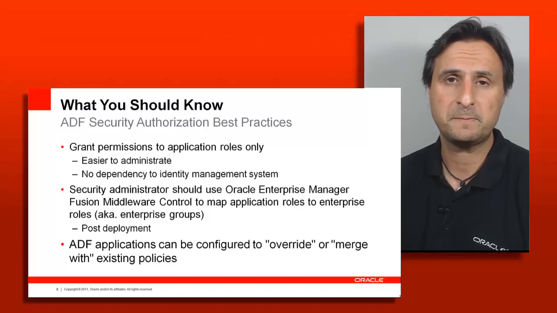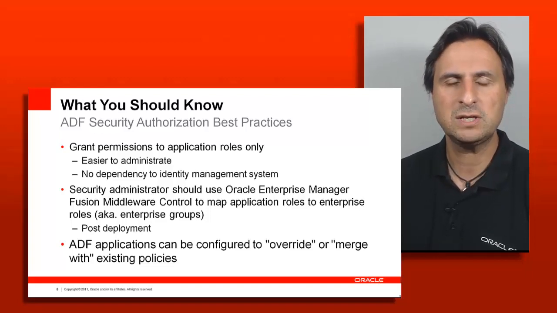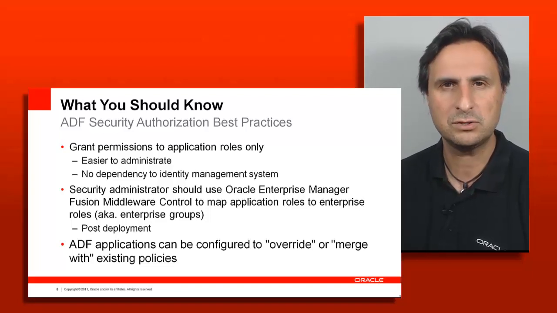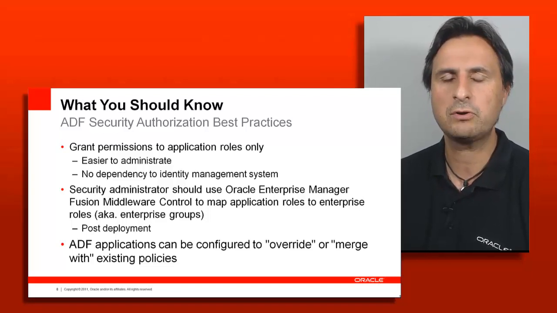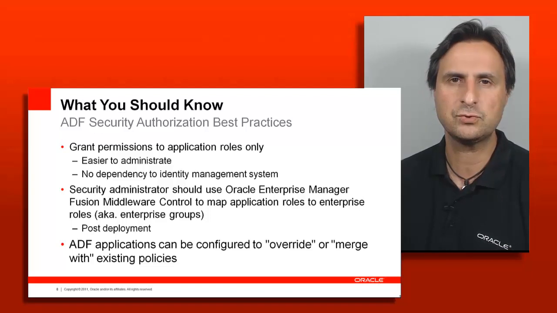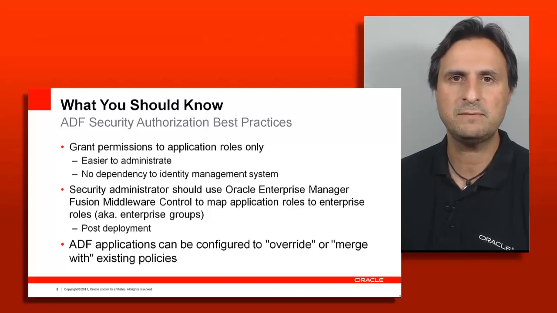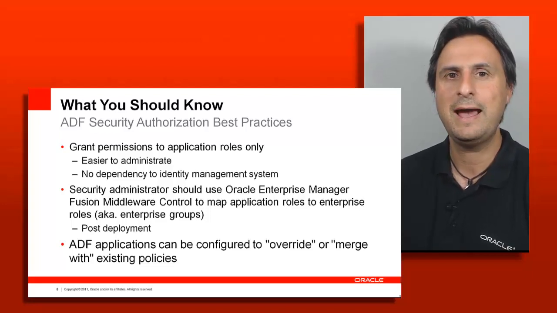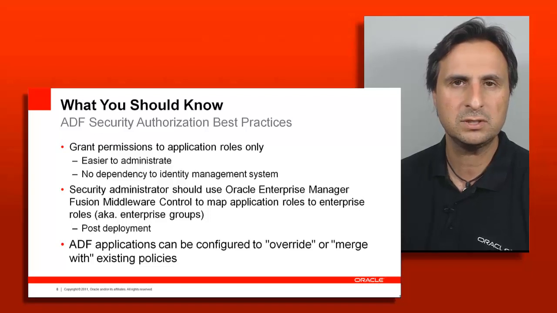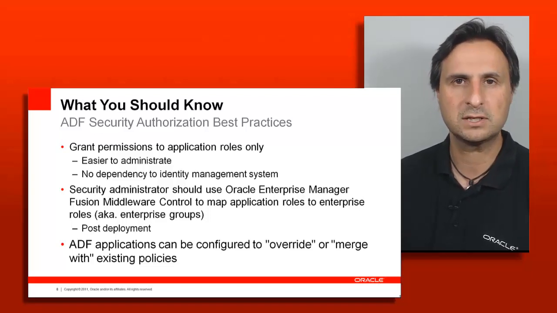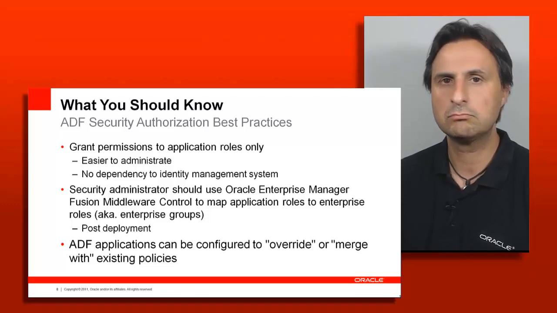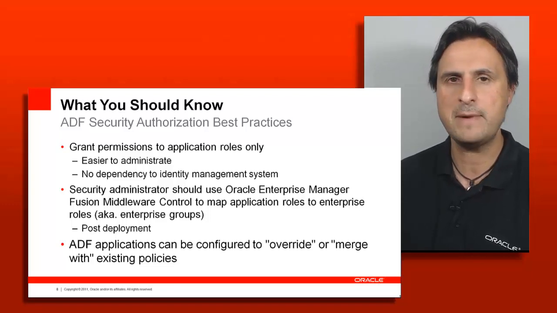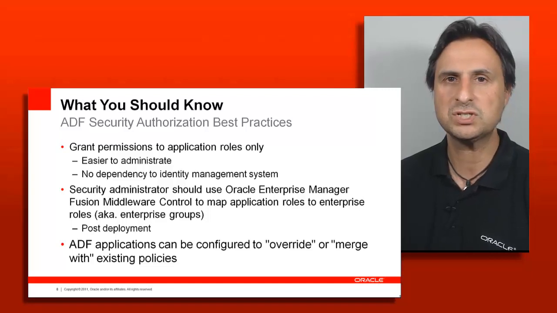The recommendation for best practice is to keep application development separate from security administration. First of all, it requires a professional to really make sure that your deployment, your runtime environment at production is secure. So you want to put that into the hands of someone who knows what he or she is doing. And then we do have Enterprise Manager, which is a browser-based console that you can use, or actually the security expert will use, to create application roles in addition, or map application roles, or just change permissions.